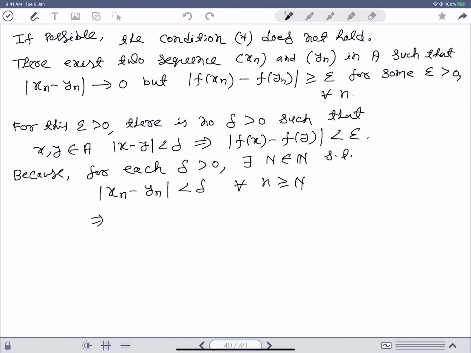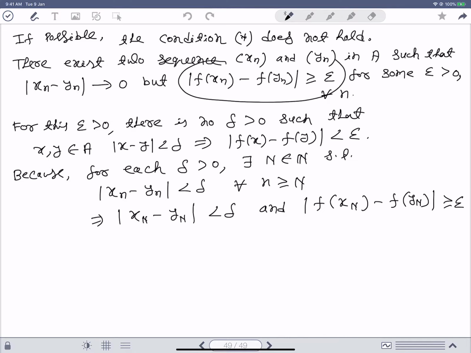Now that implies mod of xn minus yn is less than delta, and mod of f of xn minus f of yn is bigger than or equal to epsilon from this, right?